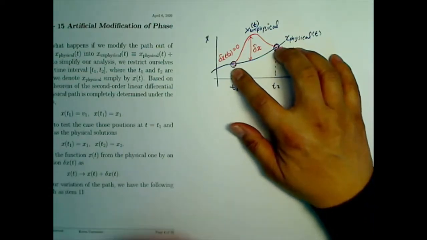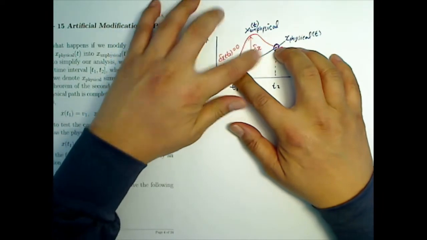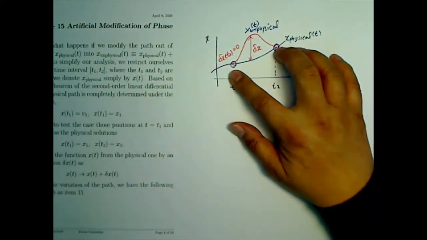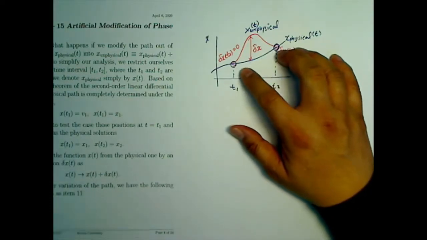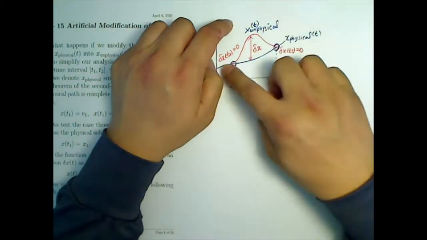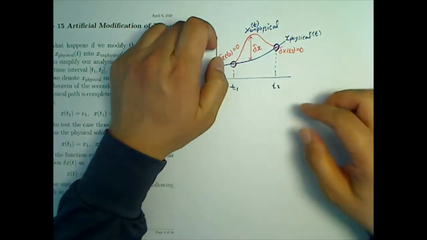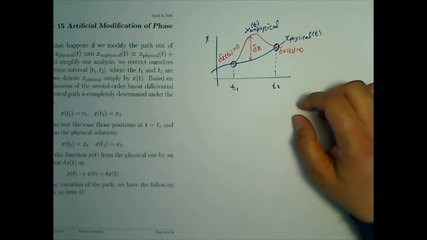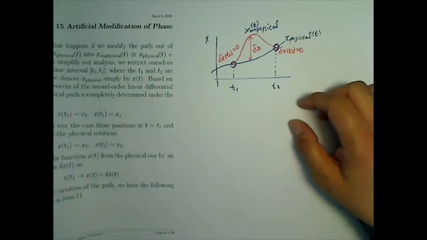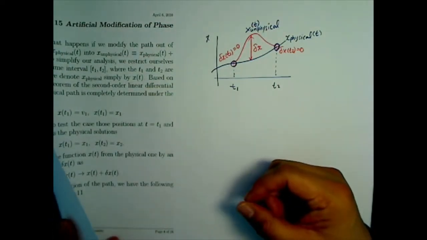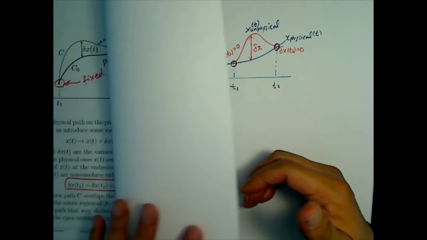At least it will merge to the physical path when the action is minimized. If it is not the case, it does not approach the physical path, so we cannot compare with the original value that is evaluated on the physical path.